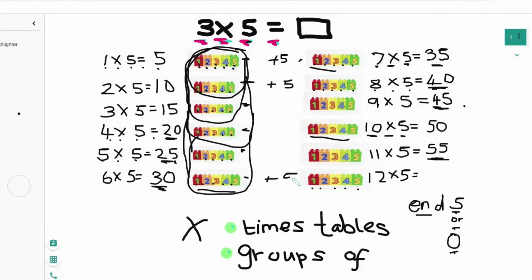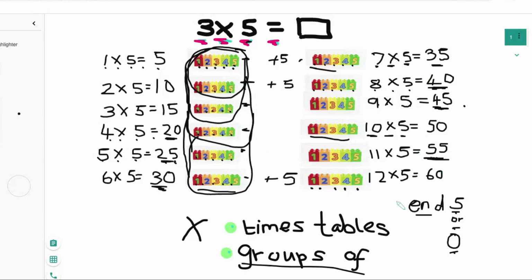Yeah, we're going to add on another 5 because we're counting in groups of 5. So 12 times 5. Let's count on from 55, 55, 56, 57, 58, 59, and the last number is 60. Fantastic. Let's write in 60.